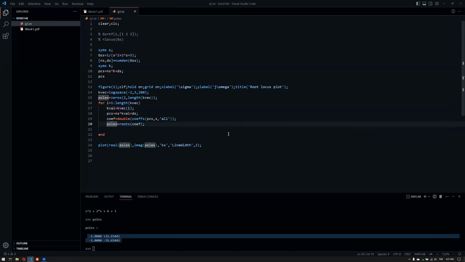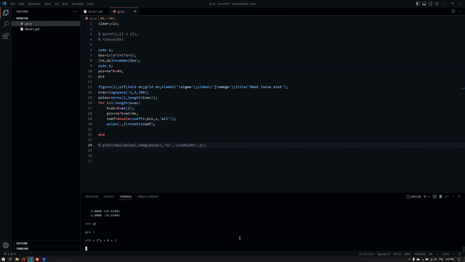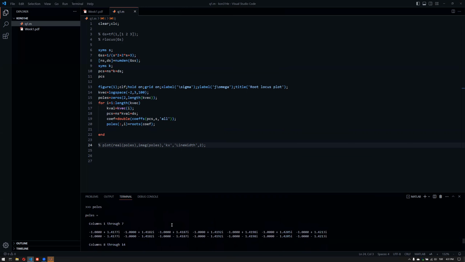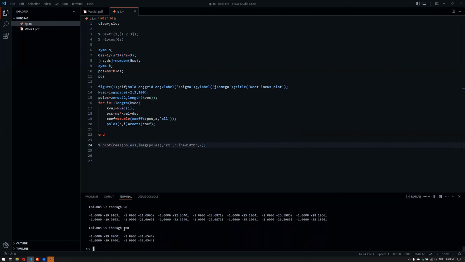So this is not going to be poles on its own. It will be all the rows, but the ith column. So that way, when I calculate like this and look at poles, we can see that it is a very long matrix with 2 rows and 100 columns, because we have 100 different k values.